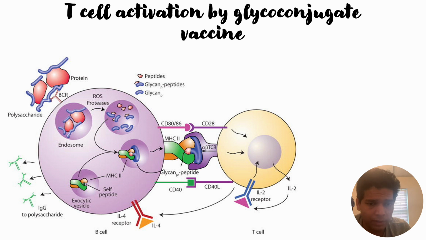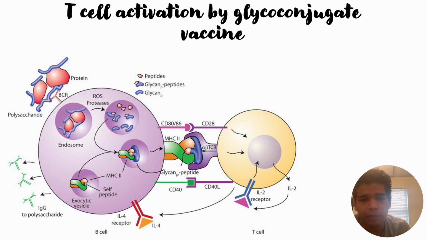If there are some self epitopes present in the glycoconjugates, they will not be expressed on the cell surface, whereas self peptides bound by major histocompatibility complex 2 will be degraded within the B cells.